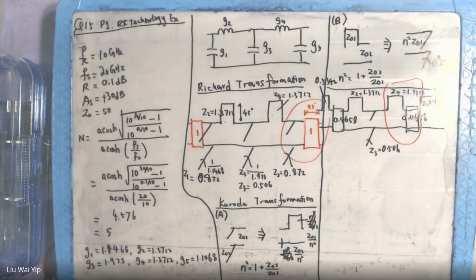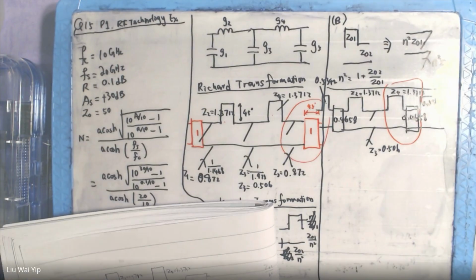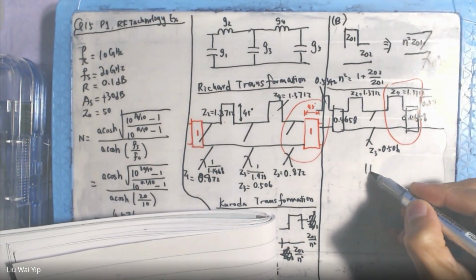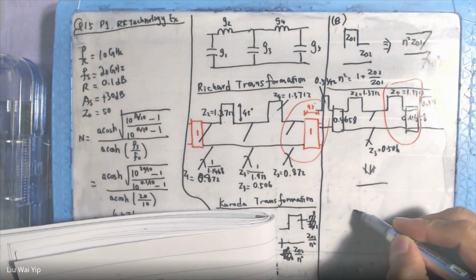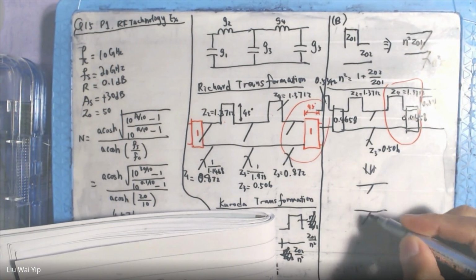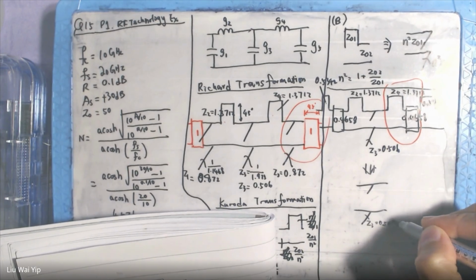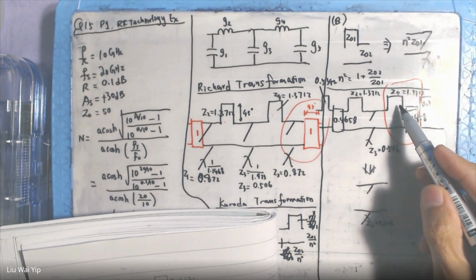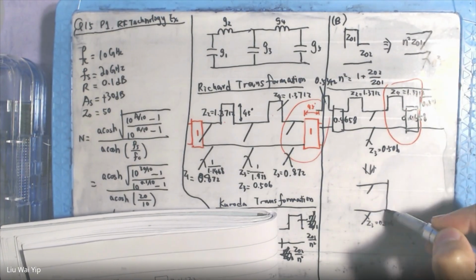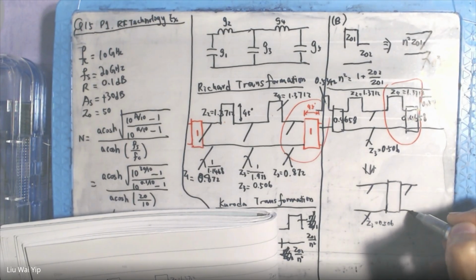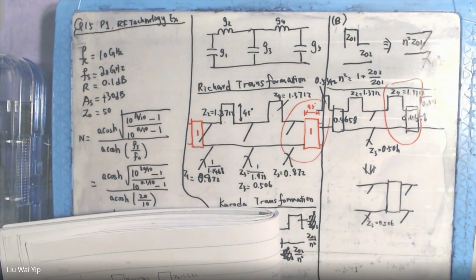So we just do this. So the main line will not be changed. The one here will become a block of transmission line and then followed by another open circuit stub.